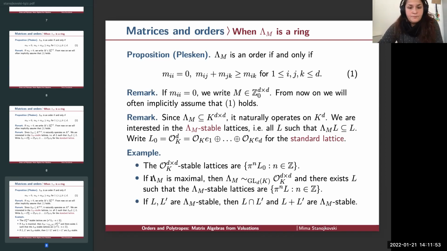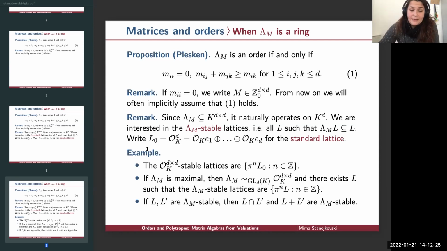And in general, if you have a maximal order, as O_K^(d×d) is, then we know that Lambda M will be conjugate to O_K^(d×d). So then the collection of stable lattices will be of the same form. This is a general thing for maximal orders: the collection of stable lattices are all just represented by L0 and its scalar multiples.